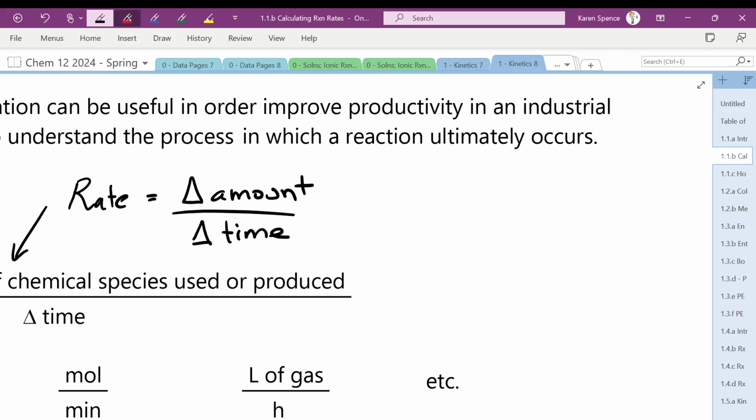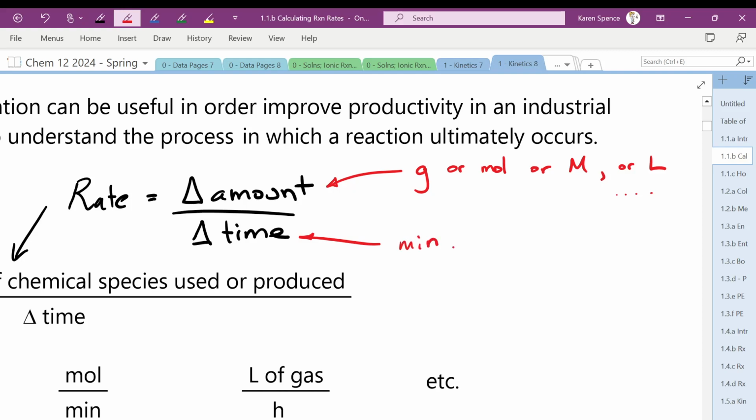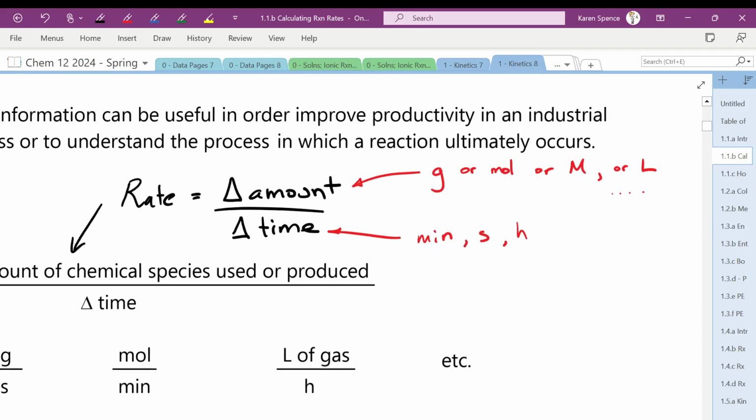And if we're measuring amount of a substance, we could be measuring grams, or moles, or molarity, or liters. There's all kinds of different things that you could use there for the amount. And time could be minutes, seconds, hours, any of those are good, okay?